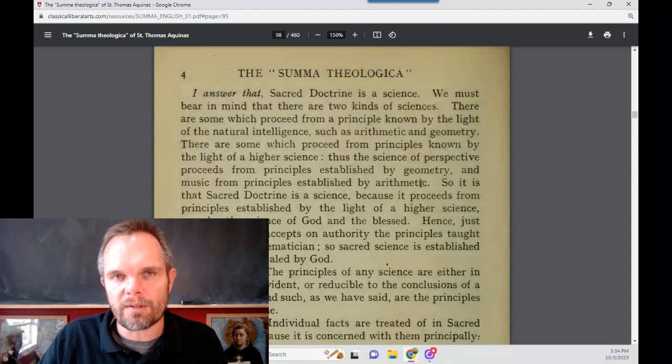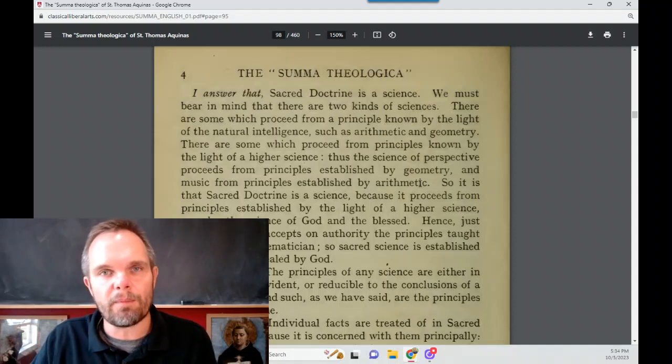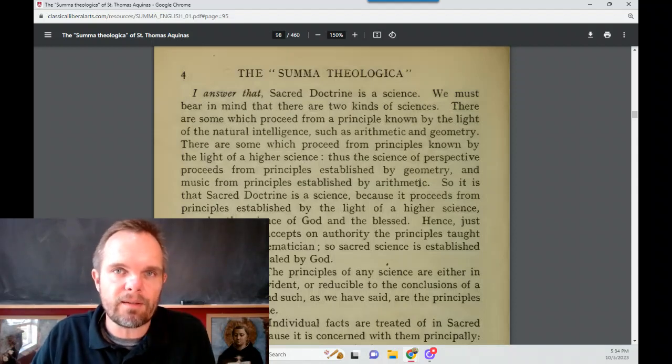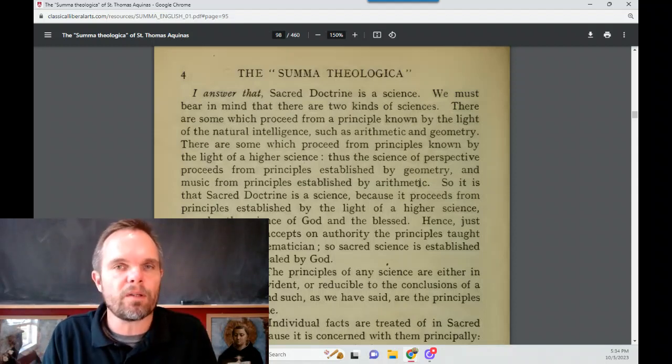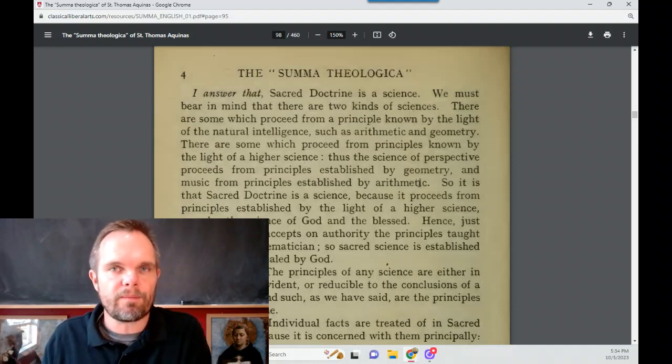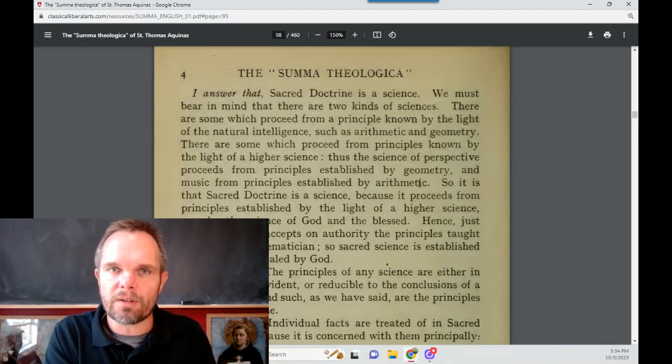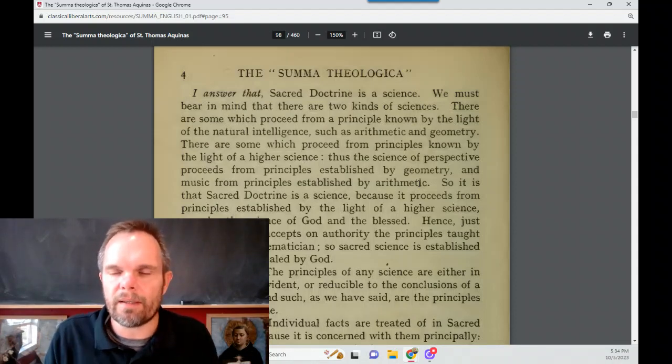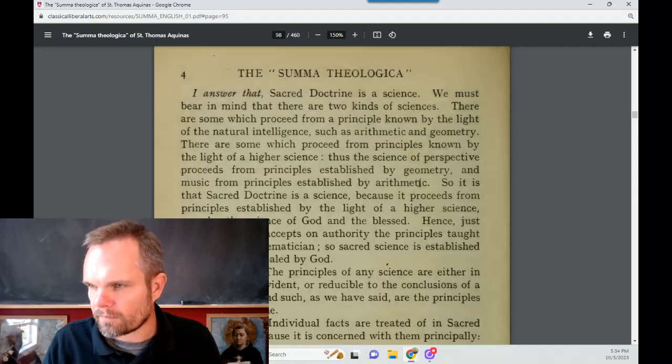So there are some sciences that are direct sciences where we work from self-evident truths to establish these primary sciences, and then there are other sciences which are more like secondary sciences, which are based on the conclusions of those primary sciences.